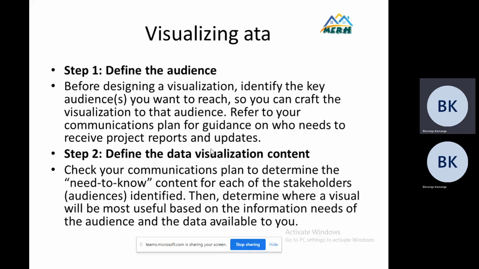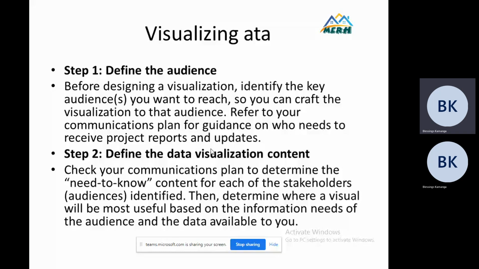So always make sure that when you're visualizing the data, the content that you were able to come up with, you can showcase it depending on the priorities or the strategic objectives that your project had.